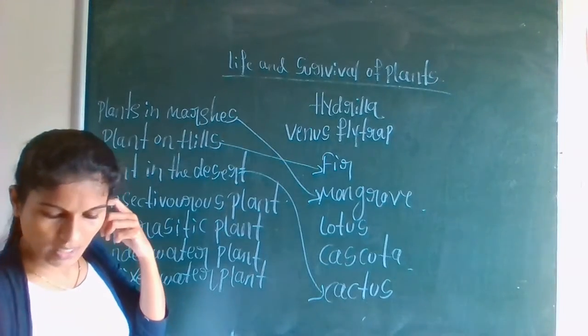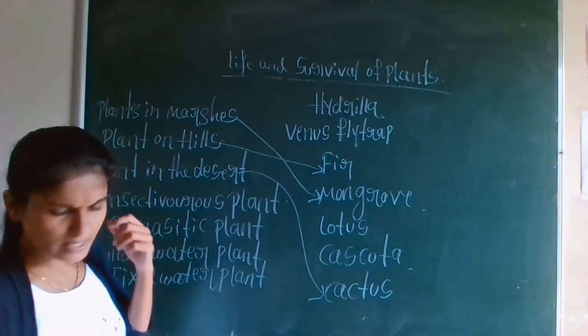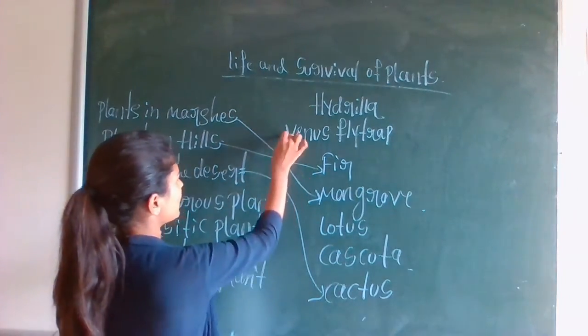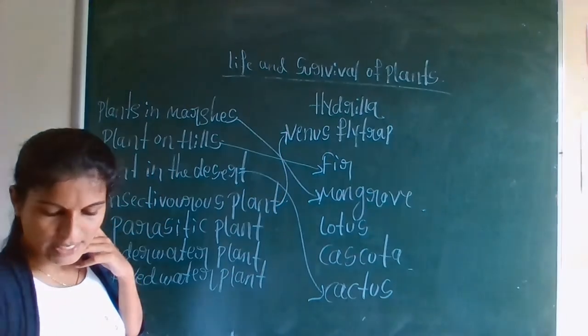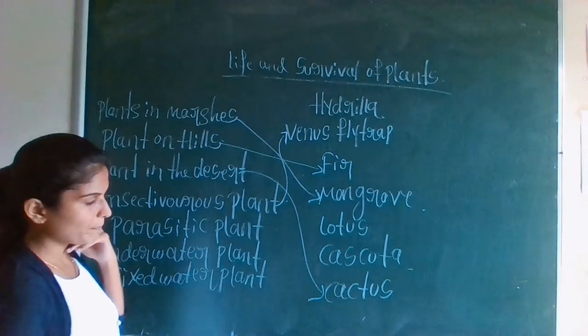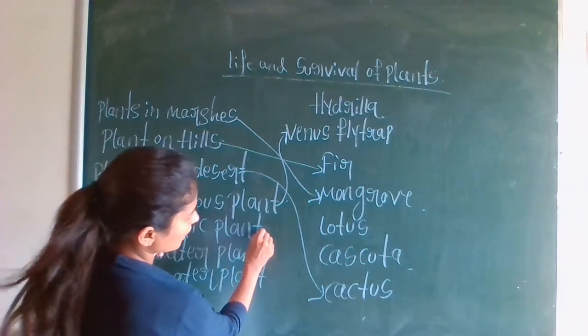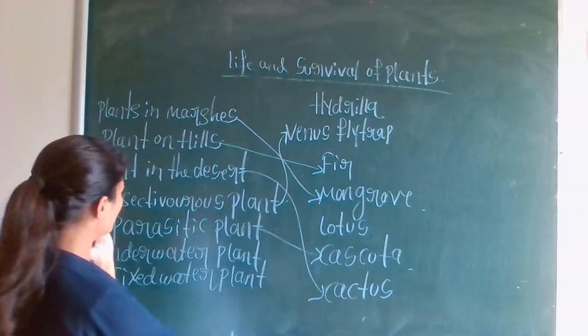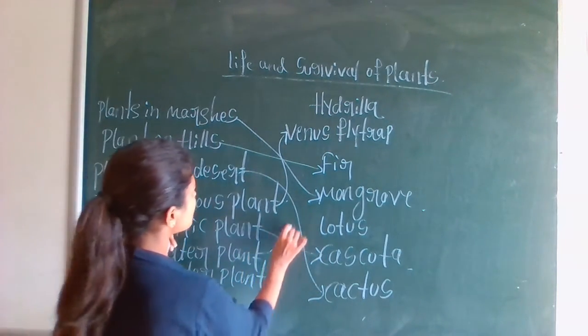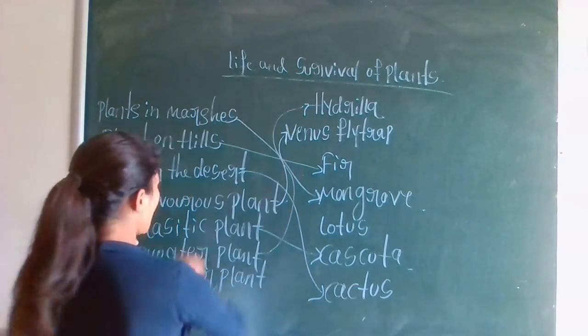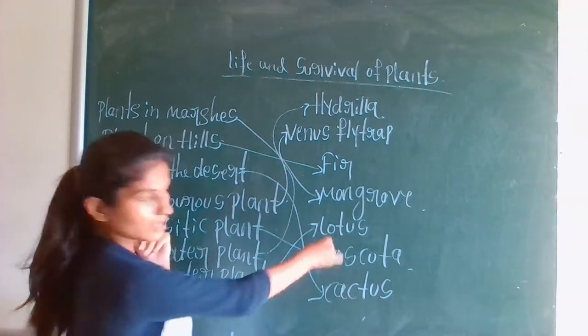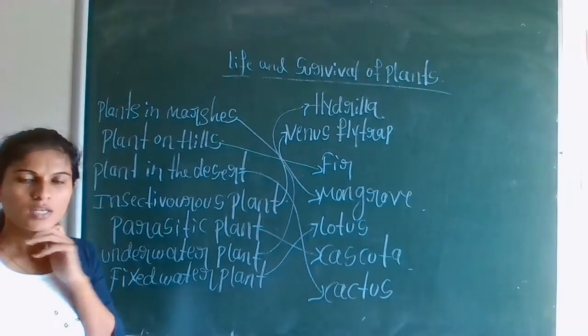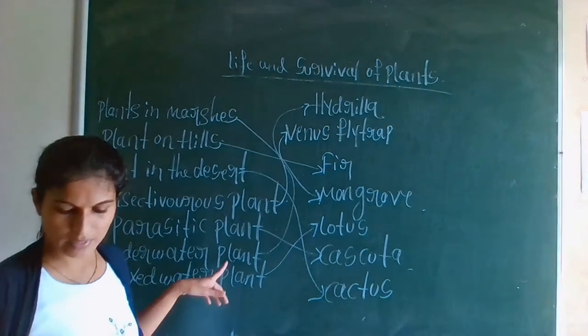The insectivorous plant is the Venus flytrap. Next, the parasitic plant is Cuscuta. Underwater plant is Hydrilla, and the fixed plant is lotus. So these are the answers with their questions.